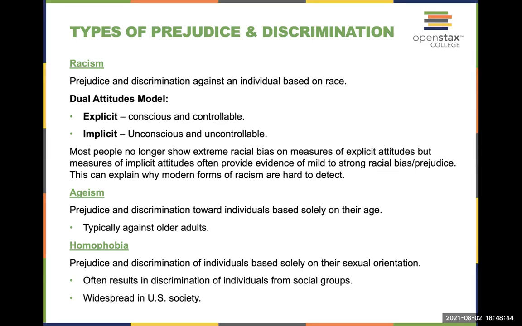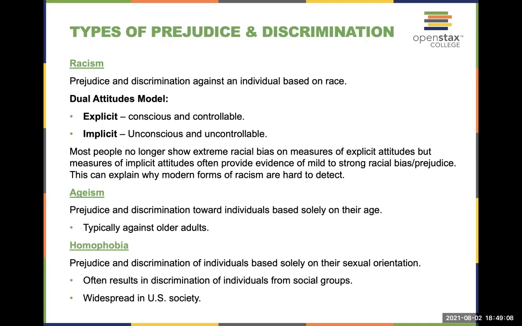Another form of prejudice is known as ageism. And we're actually going to hit on this again in the next chapter 2 when it comes to age discrimination in the workplace. But that's prejudice and discrimination or any type of bias against individuals solely based on their age.